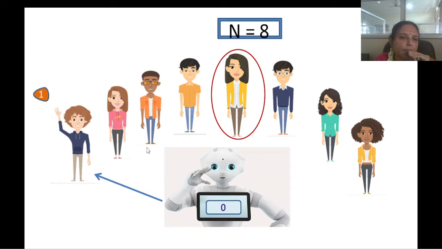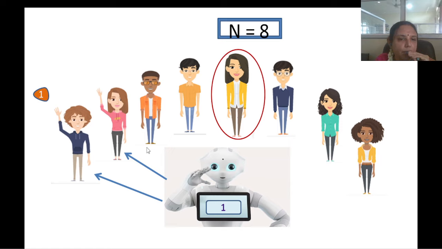How do you recognize this raising hand signal? We will be using one variable. That variable will be 1 if the person raises the hand or 0 if the person doesn't raise. Since he has raised the hand, the computer increments the count. That is 1. Next it looks at the next person.